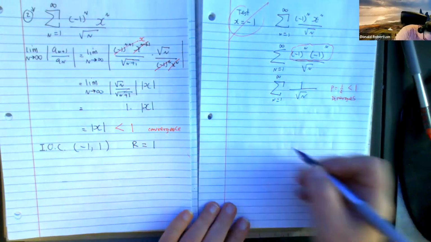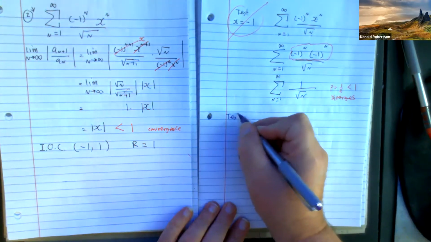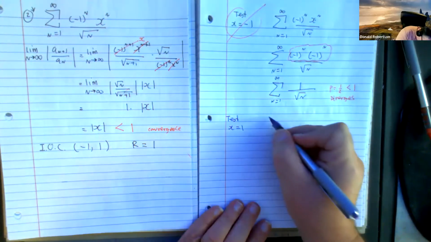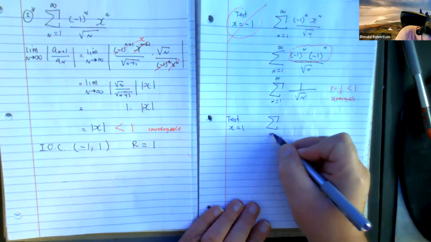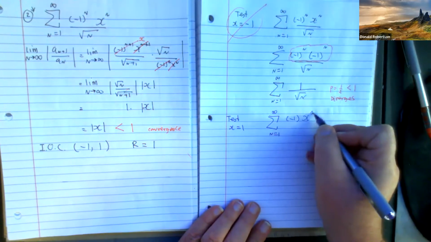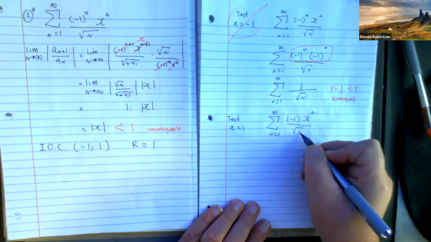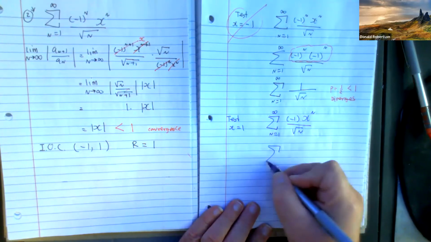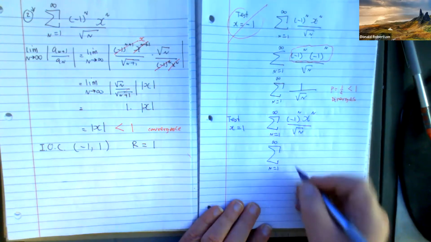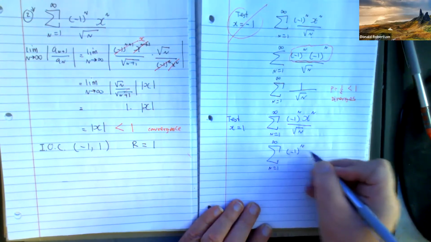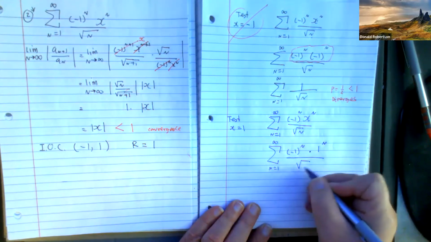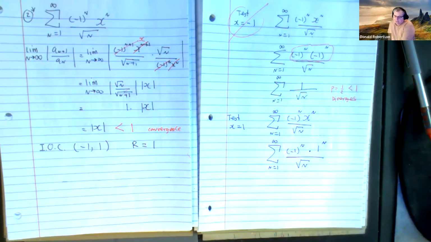Well, maybe we'll get lucky with the other endpoint. Maybe it will converge when x equals 1. Well, you have the sum from n equals 1 to infinity of -1 to the n times x to the n over the square root of n. Get the sum from n equals 1 to infinity of -1 to the n times 1 to the n all over the square root of n.